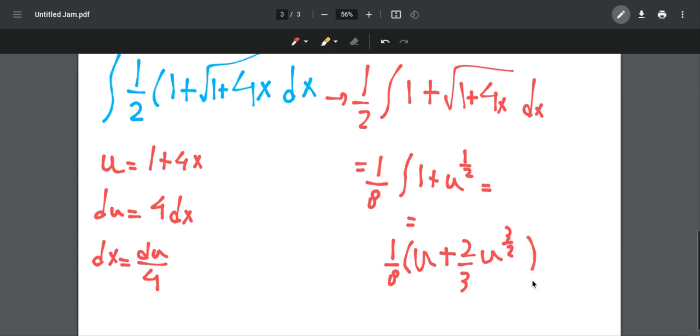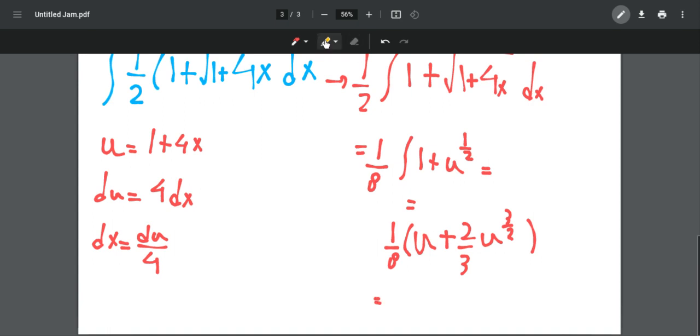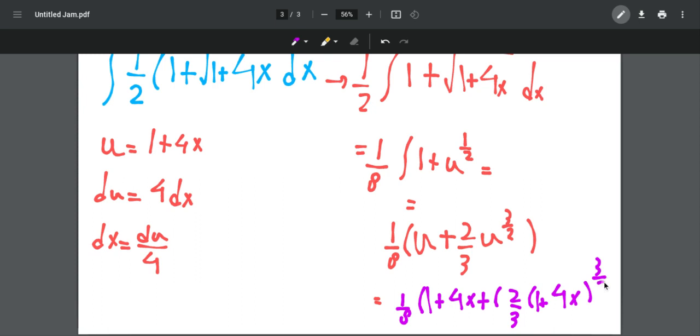And because we started our integral in terms of x, I can write my final answer, which is 1 over 8 times u, which is 1 plus 4x, and then plus 2/3 times 1 plus 4x, to the power of 3 over 2.